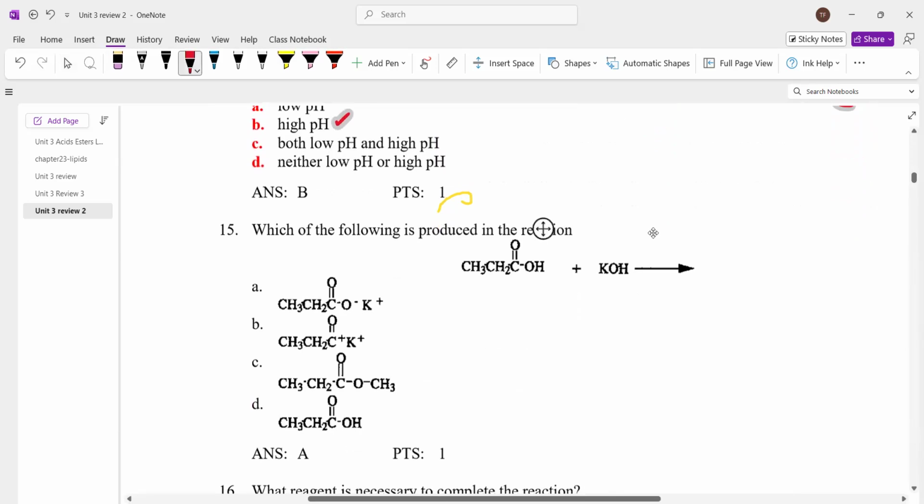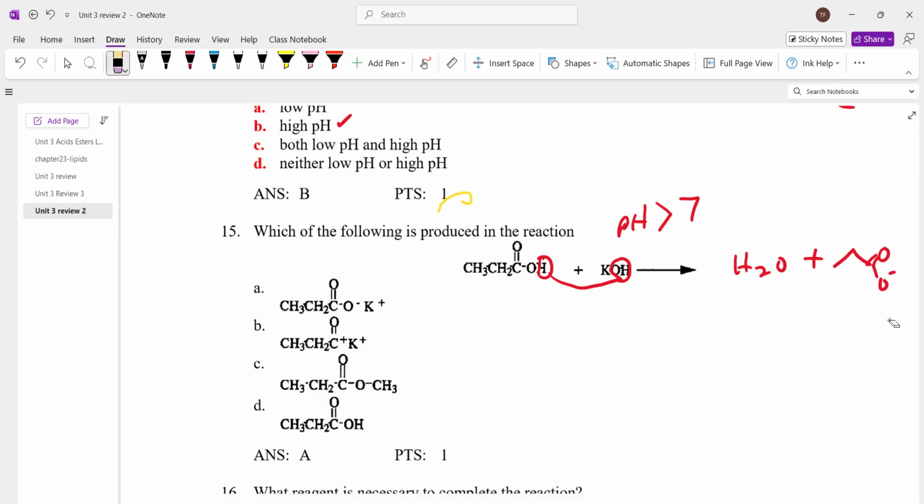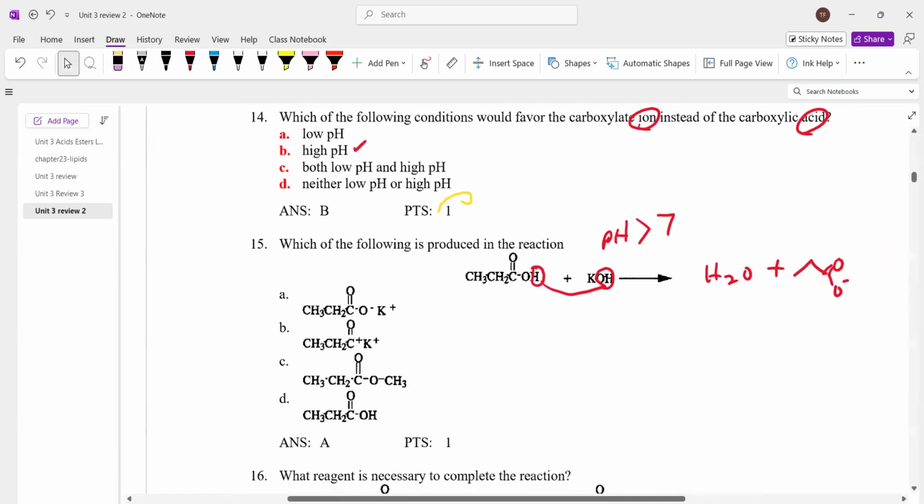Okay, like this example here, and that would form water and leave you with the 3-carbon ion. Which would be better.